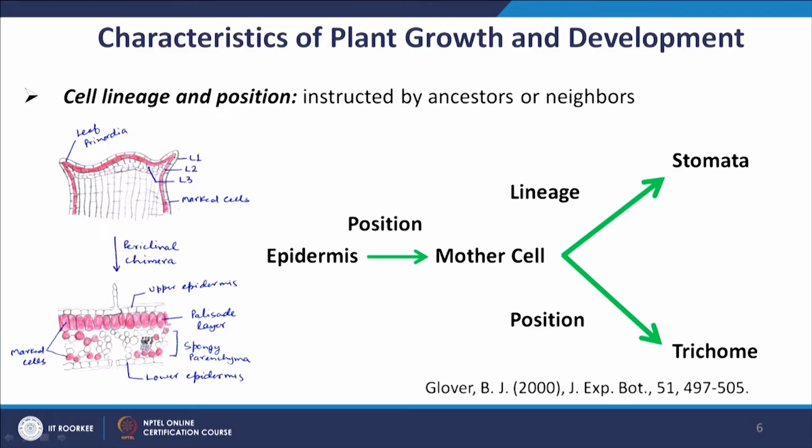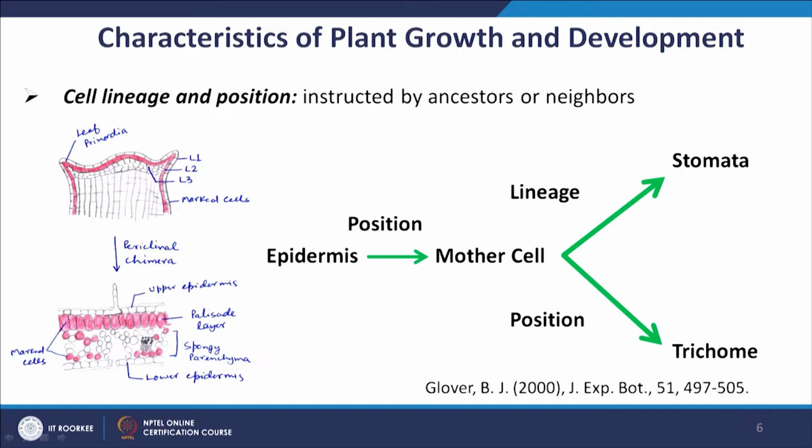For example, if you look at the specification of the mother cell for the stomata or the mother cell for the trichome. If you look at the leaf epidermis, there are 3 types of cells: pavement cells, the cells which are going to make stomata, or the cells which are going to make trichome.